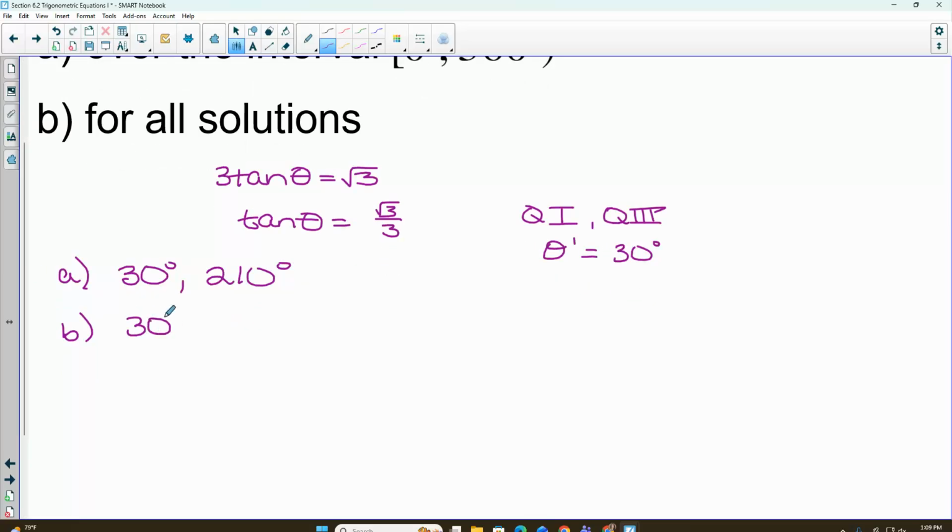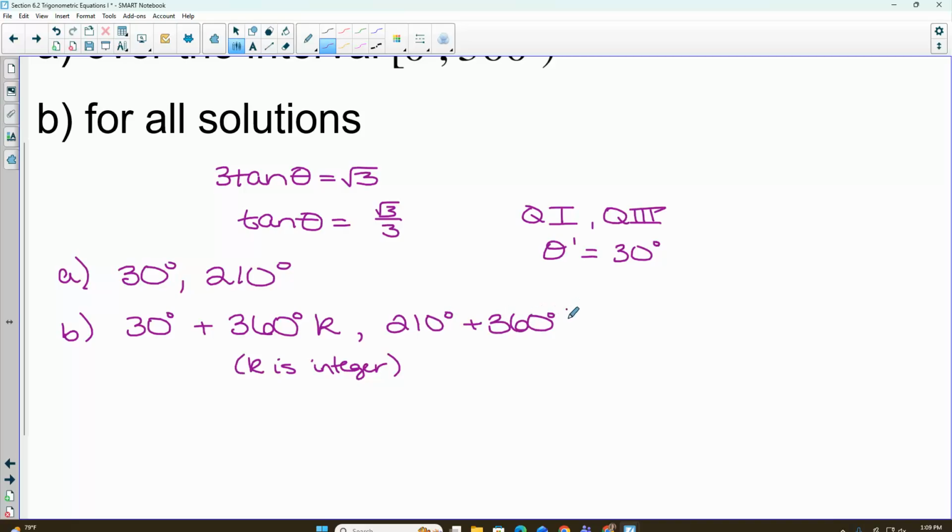So if I say all possible solutions, obviously we can't write them all, but we just have to show that we're looking at every multiple. So we do our 2 solutions, and I'm going to say plus 360k. You can pick whatever letter, but k is just an integer here. So it could be once or twice or three, or I could go backwards, 1 or 2 or 3 or however many times. I do the same for the 210.